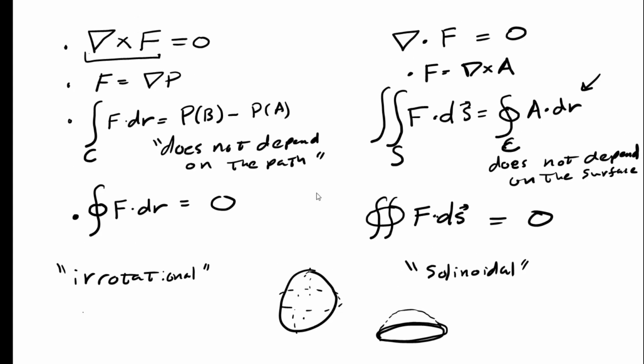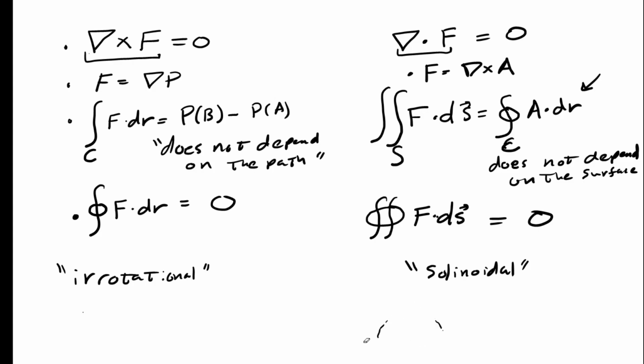So we have these two types of vector fields: an irrotational vector field and a solenoidal vector field. Not every vector field is one of those. But it turns out, and this is just interesting to know, that every vector field is a combination of an irrotational vector field and a solenoidal vector field.